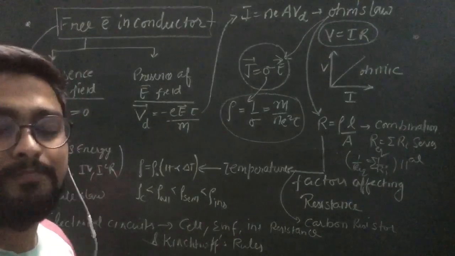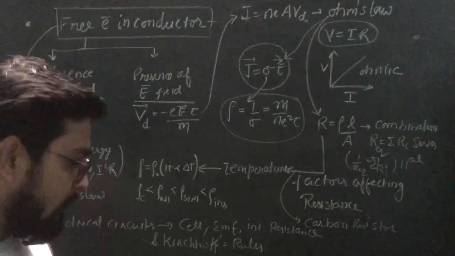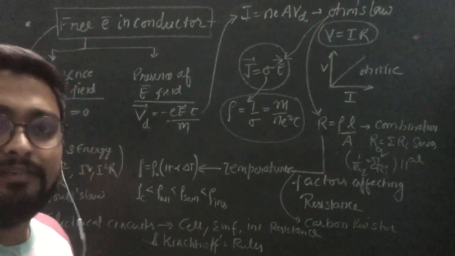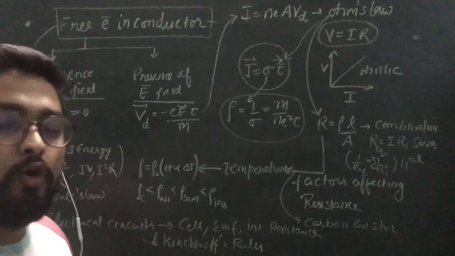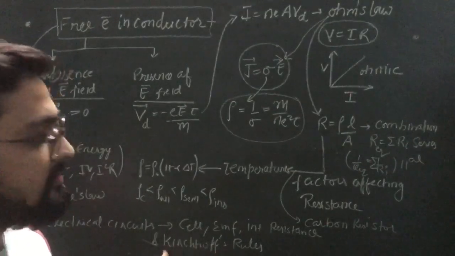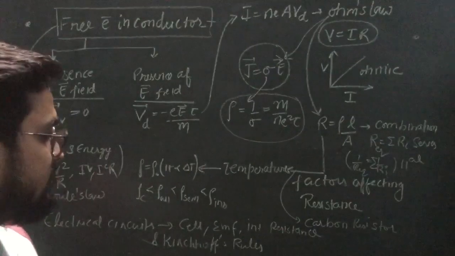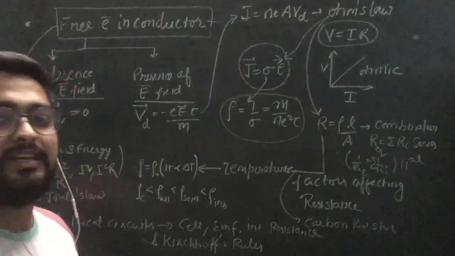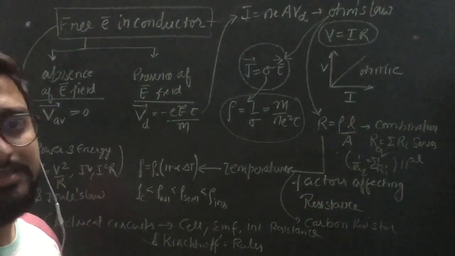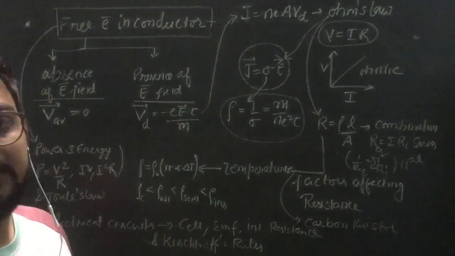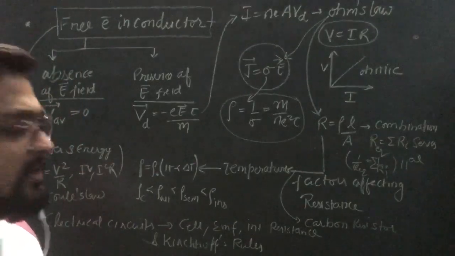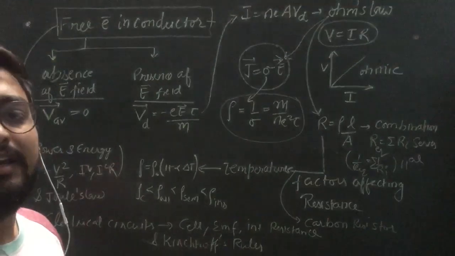Kirchhoff voltage rule simply says that sum of all the potential differences in a closed loop, that is EMFs and a drop across resistors, is always zero, and it is a direct consequence of conservation of energy, because work done in a closed loop is zero for conservative forces, and as we know electric field is conservative in nature, so that's why in a closed loop work done is zero, and work done is directly related with the potential.